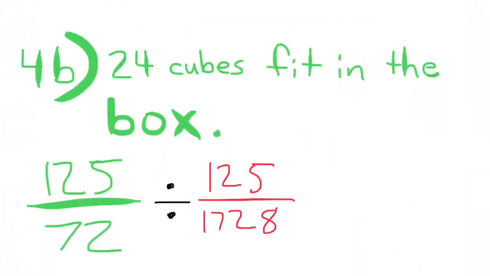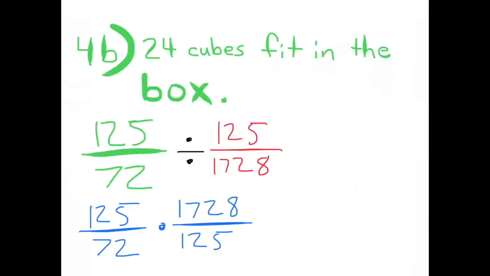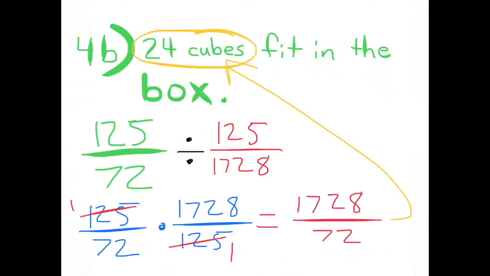The volume of the large box is 125 over 72, divided by the volume of each cube, 125 over 1,728. We can find the answer to this division problem by multiplying by the reciprocal of 125 over 1,728. The answer is 24 cubes. 24 cubes fit in the box.